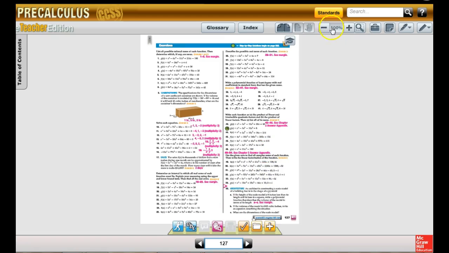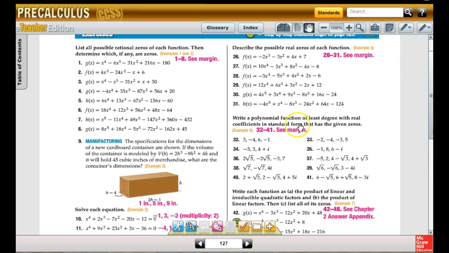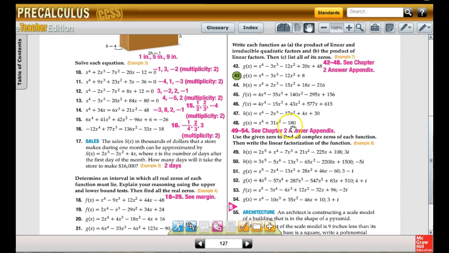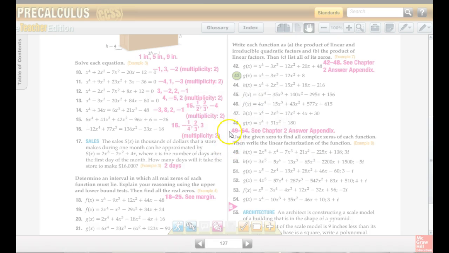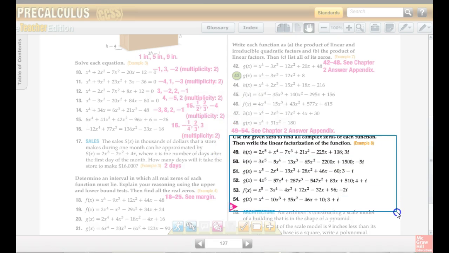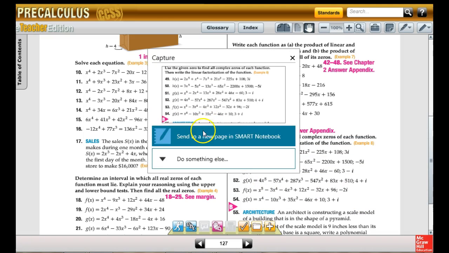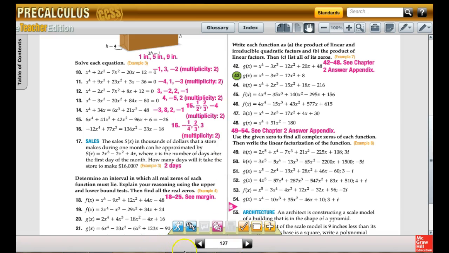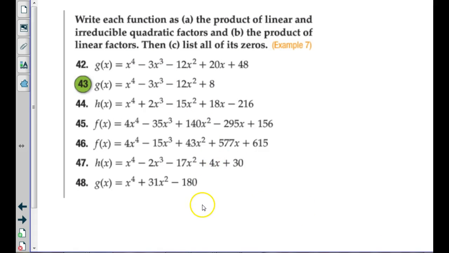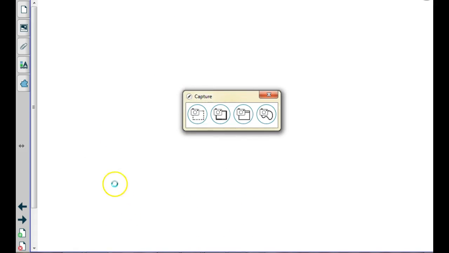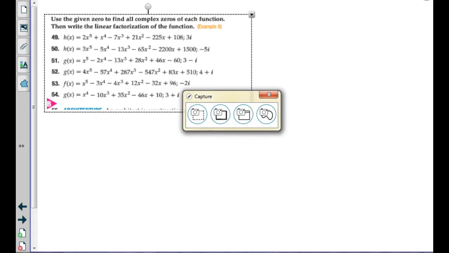That will help. 49, okay. Where did it go? I probably just put it in. Oh, it is there. Whoa, there it is.